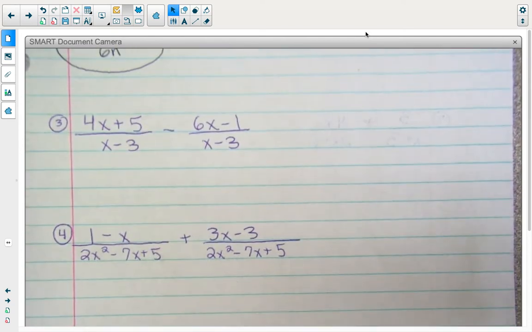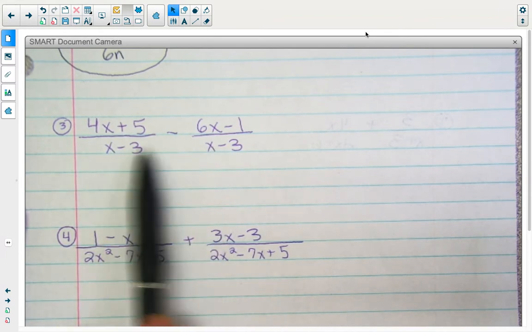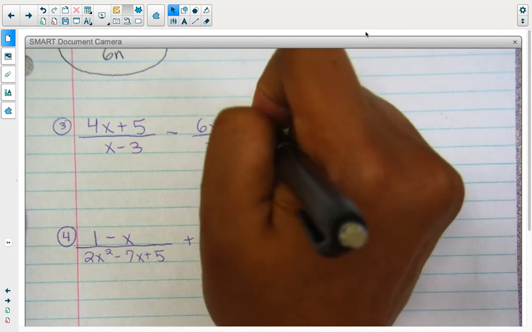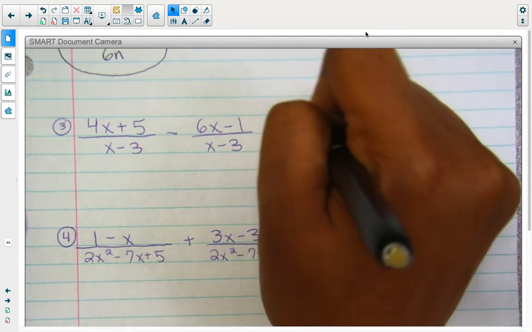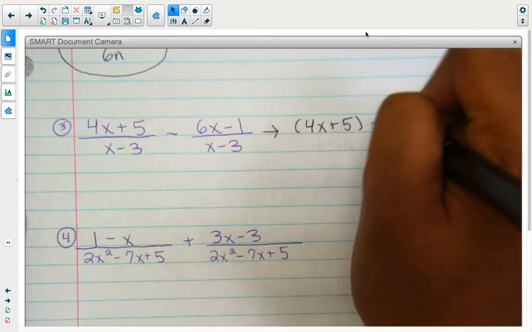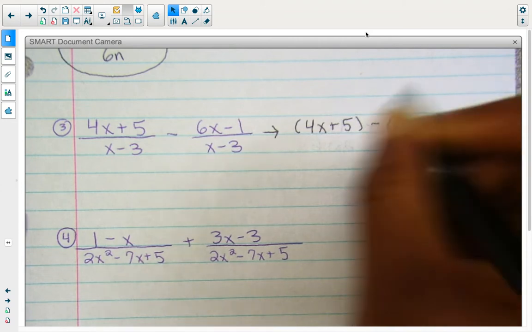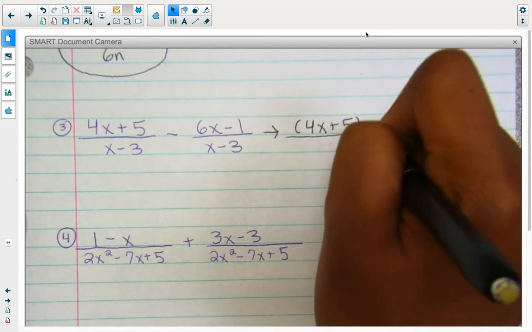All right, number 3. Oh, good. So we got some more problems where the denominator is the same, so that makes life easier. So I'm going to go ahead and combine my like terms on top. So this is 4x plus 5 minus 6x minus 1, and this is all over x minus 3.